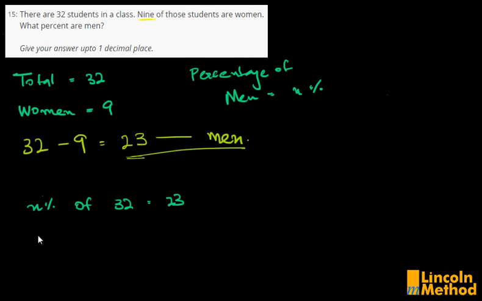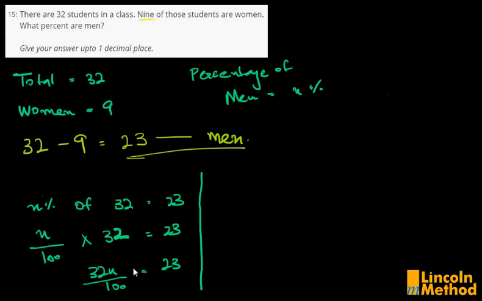Now if we solve this further, I can write this down as X over 100 multiplied by 32 equals 23. So solving this further gives us 32x over 100 equals 23, and since there is this equal to sign in between, we can cross multiply, and that should give us 32x equals, when we multiply 23 and 100, we get 2300.